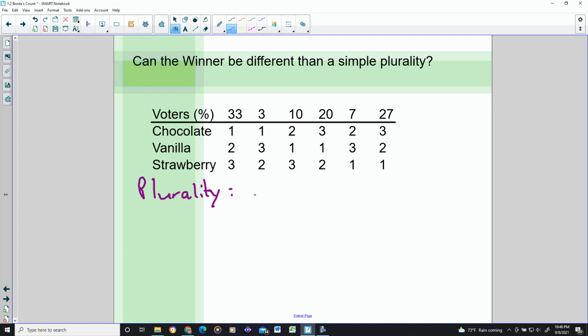So chocolate wins with 36%. Do notice that it is actually very close: 36, 30, and 34. Because the plurality vote breaks down somewhat evenly, you might wonder if you could declare a different winner in a different way.